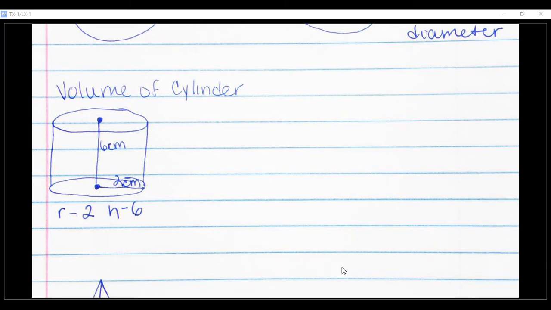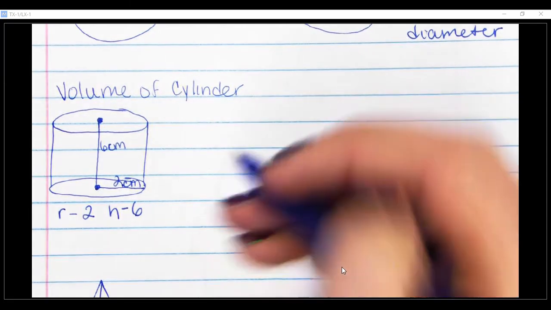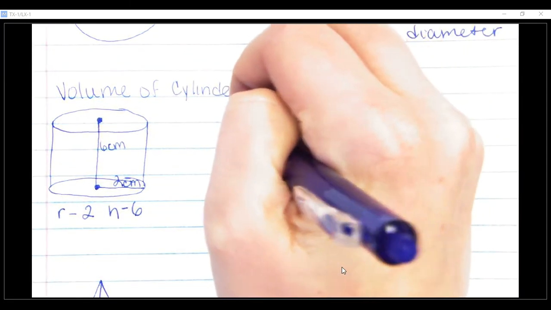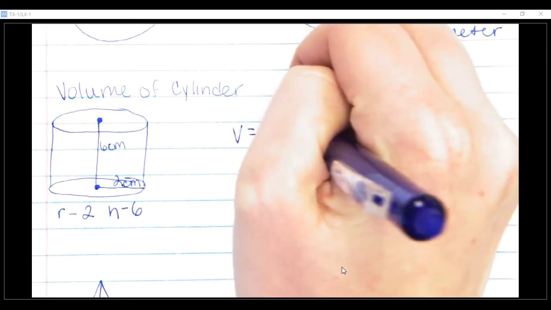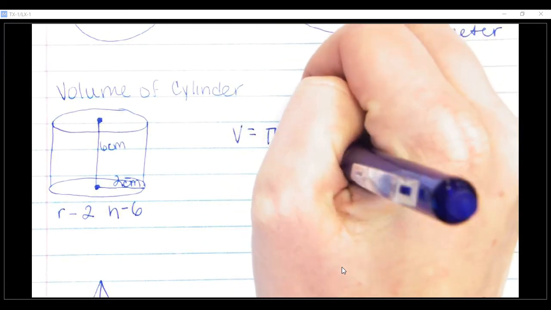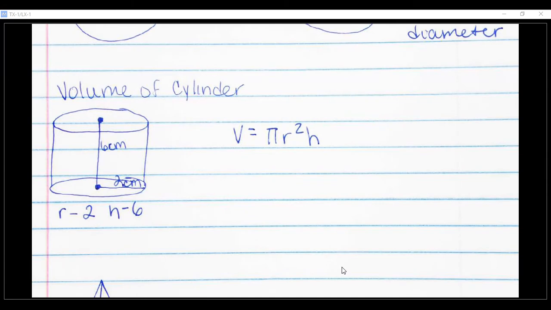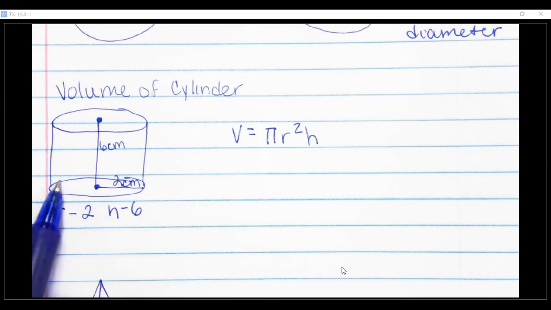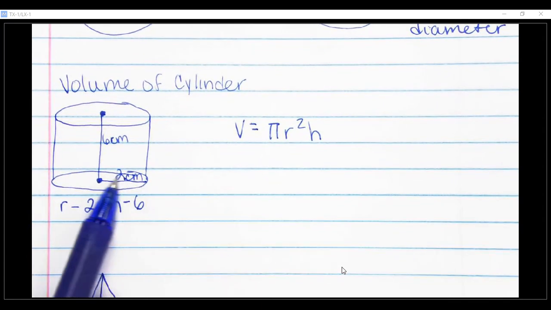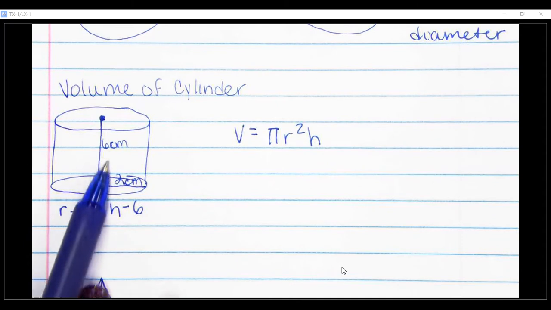Now I'm going to plug this information into the equation. Volume equals pi r squared times the height. What they're doing is taking the circle, which is represented with pi r squared. That's how you find the area of a circle, and then you have to multiply it by the height.